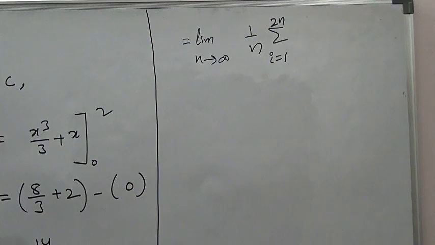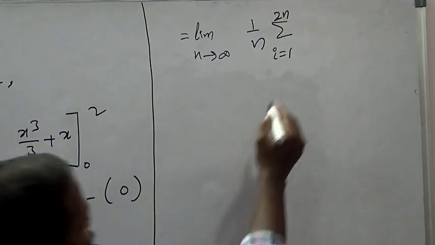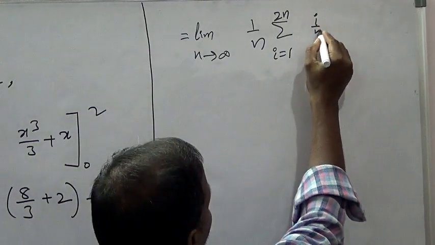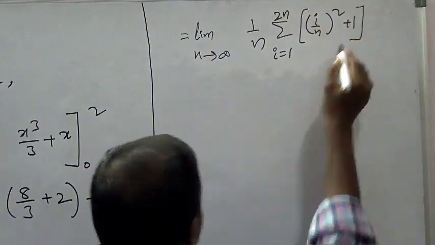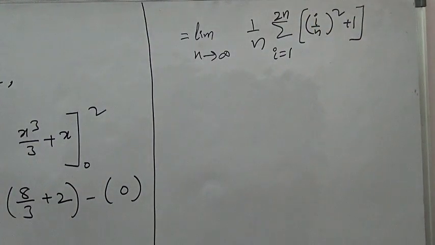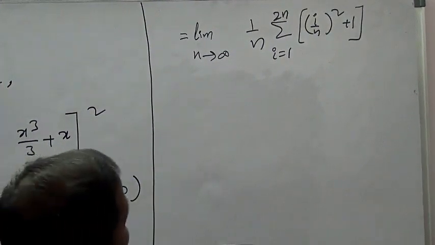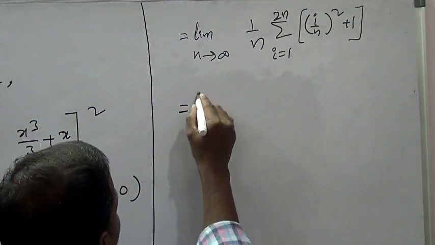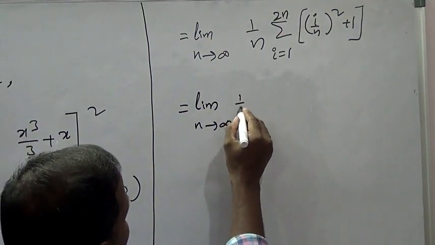In place of x you have to substitute i by n. So f of i by n means (i by n) whole square plus 1. Clear?